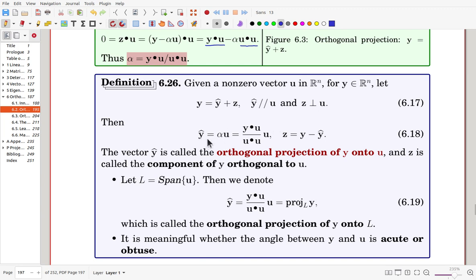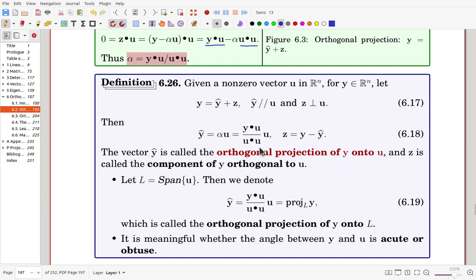Then once y hat is alpha u, then alpha is determined in this way, we already did, and z will be computed by subtracting here two vectors in this way. Just as simply we move this one to over there. Once it is known, then z will be decided by here y minus y hat, right?